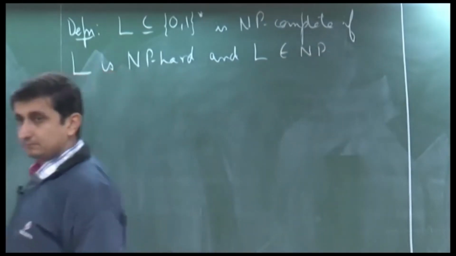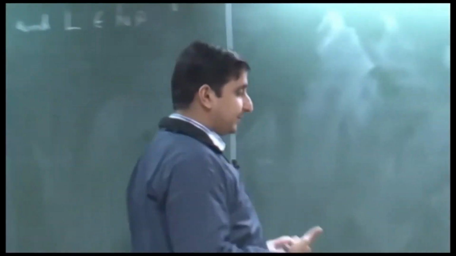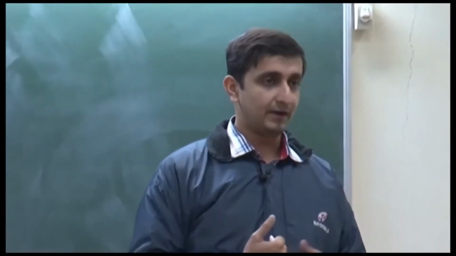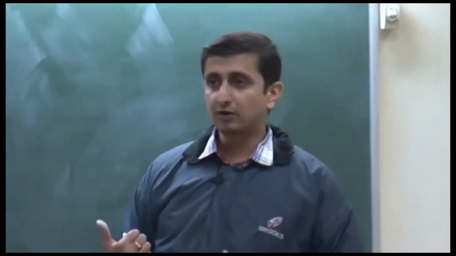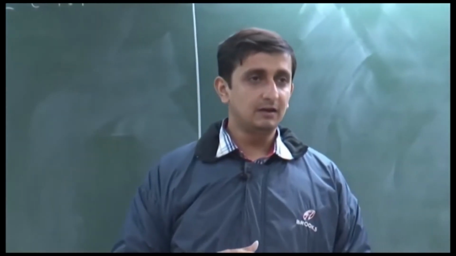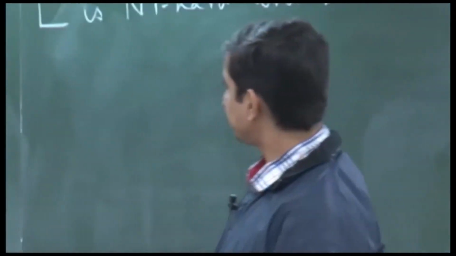It is not necessary that all NP hard languages will belong to NP. In fact, you can very easily find NP hard languages that are not in NP. Take some really hard language, maybe an undecidable problem, an undecidable language. Of course, every other language in NP will reduce to it, but there is no algorithm. In particular, there is no NP algorithm for that problem.